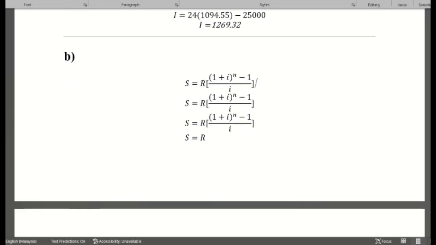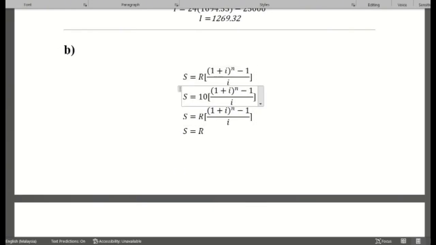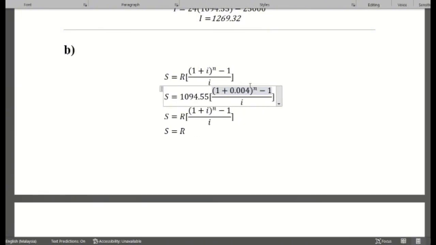So let's move to this part where we will solve part B. We already have the formula, so we just need to follow that standard. We know R already, and N should be 6 because there are 6 payments.